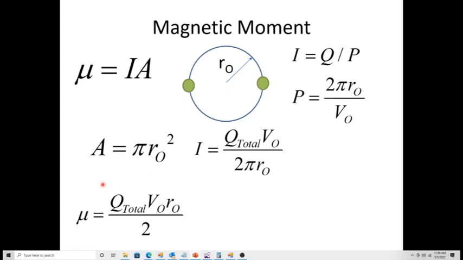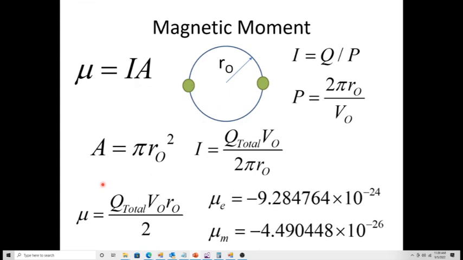So, survey says: the magnetic moment of the muon is 207 times smaller than the magnetic moment of the electron. What I showed you is that the magnetic moment is proportional to the radius. Now remember that number before, 206.77?